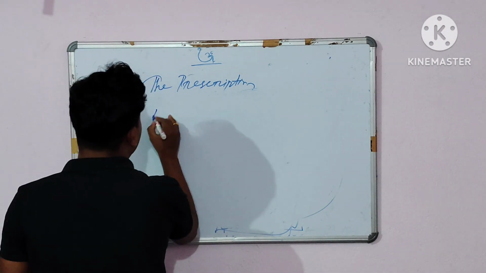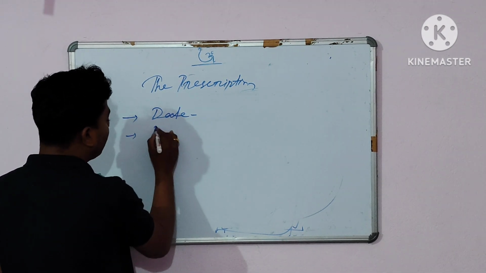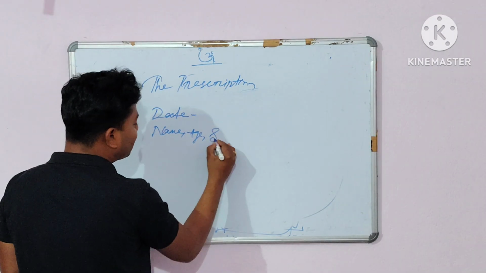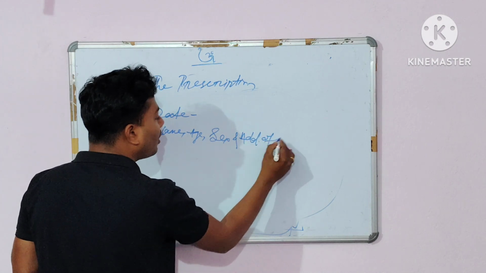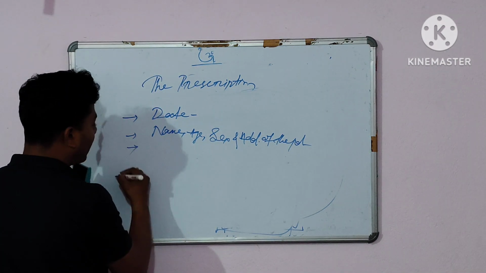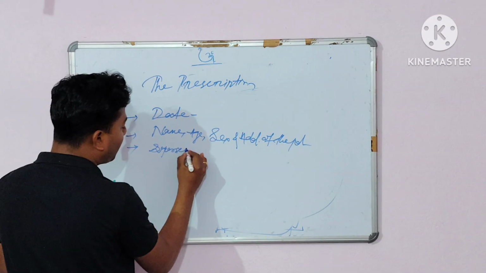So first one is date, and second one is name, age, sex, and address of the patient. Third one is superscription.